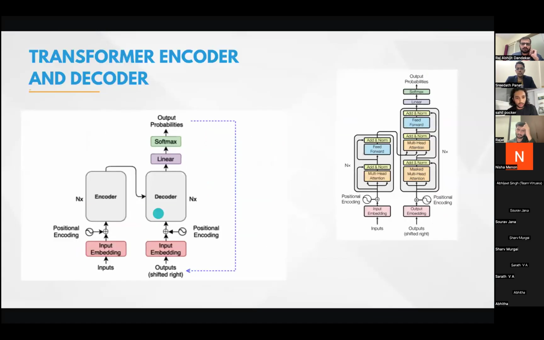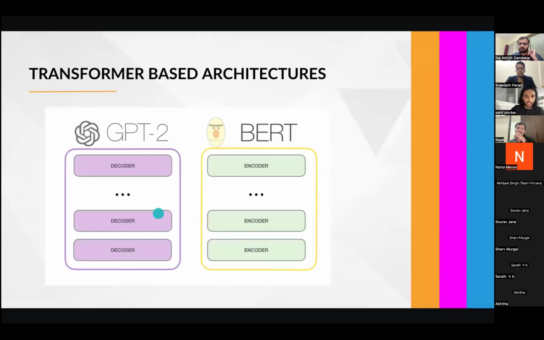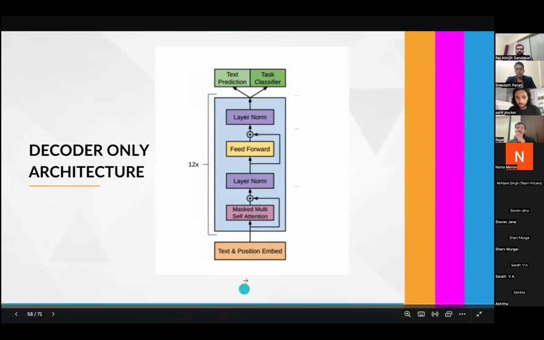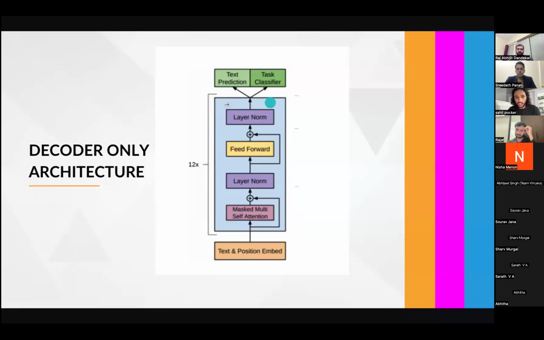Even though I won't go into so much depth about this base model, I'll go into GPT-2. And there are also other models like BERT, which just have encoders, and there are different combinations, some decoders and some encoders. But if you look at GPT-2, you have a decoder-only architecture. And in GPT-2, you have 12 decoder stacks. So you just feed in an input, and then you have all of these 12 decoder stacks, and then you get the output.